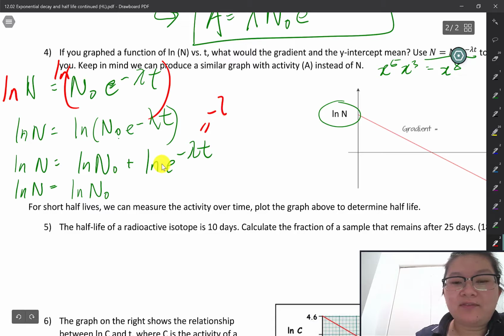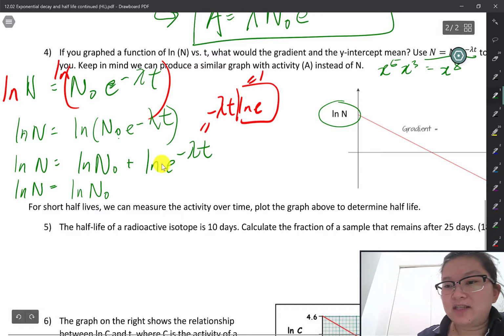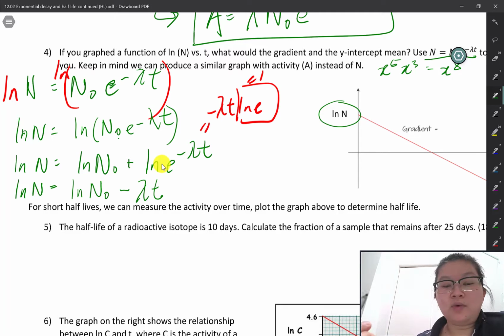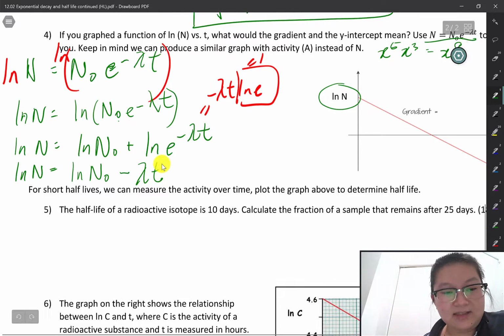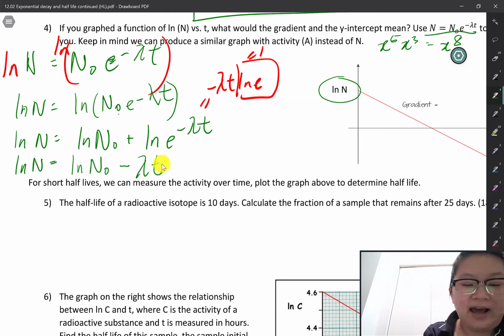So we have negative lambda t ln of e. And we know ln of e is just equal to 1. So don't forget the negative sign, it becomes negative lambda t, because ln e is just equal to 1. So that is essentially the equation that we have.